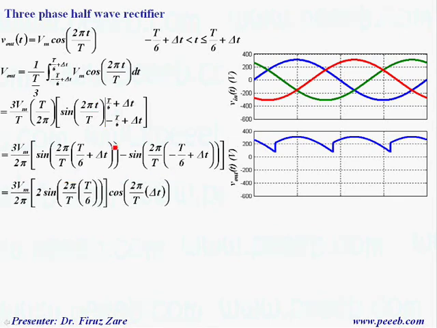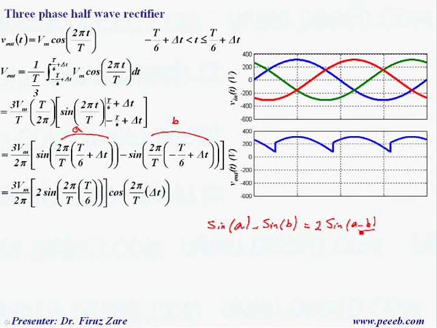Now we can simplify this equation, because if we define the whole term as a and this one as b, in this case we have sin a minus sin b, which is equal to 2 sin of (a minus b) over 2 times cosine of (a plus b) over 2.